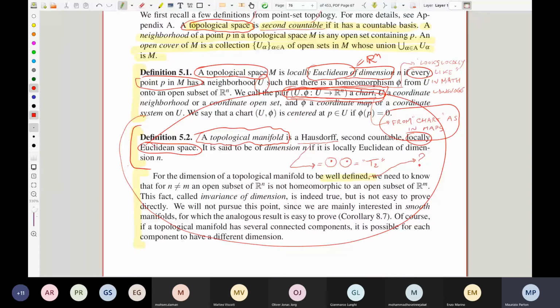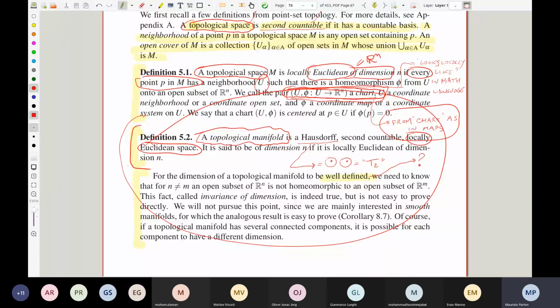Hausdorff means that whatever 2 distinct points you take, you can always find an open set around this and an open set around this that are separating these 2 points. Can you think about a space which doesn't satisfy this property? Of course, the points must be distinct. As soon as they are distinct, in your mind, they are separable by open sets.